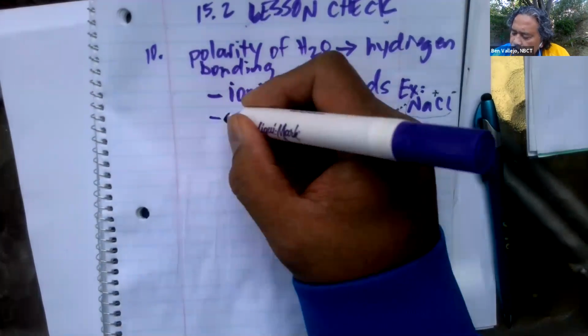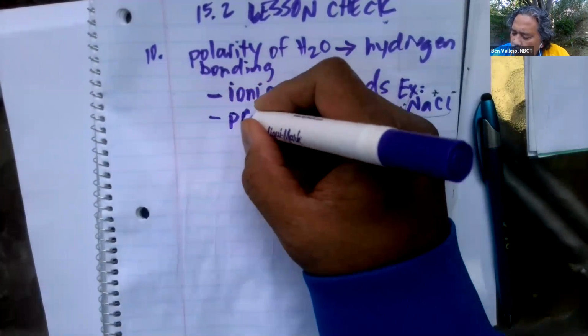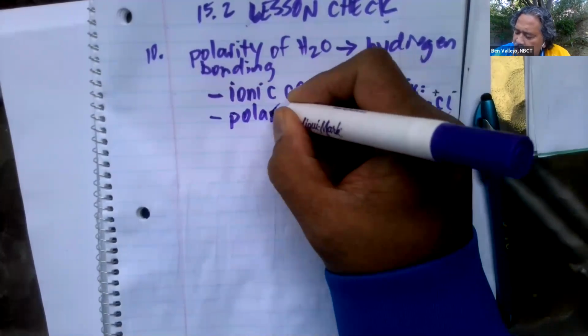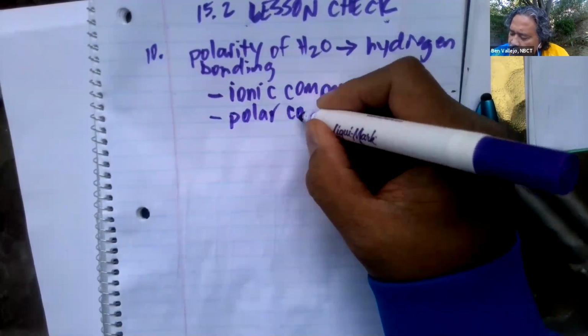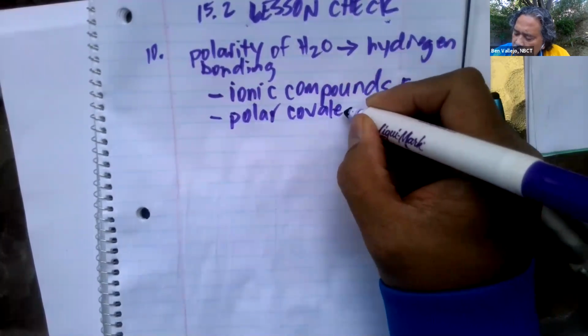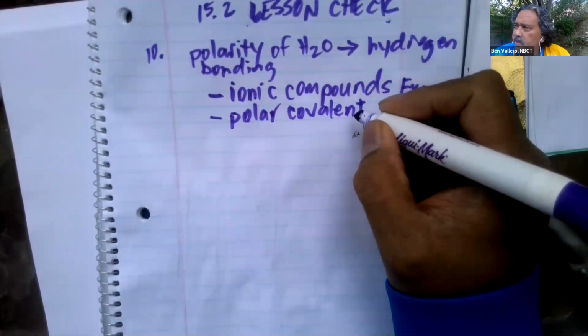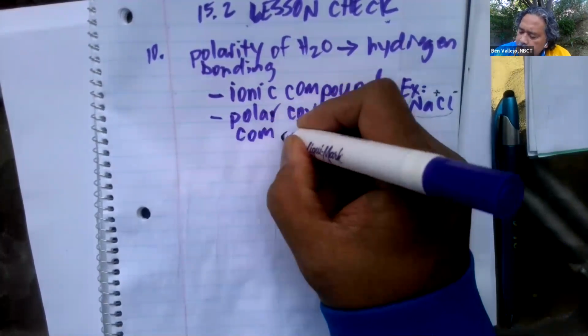But also, we see that there are molecules like water that are covalently bonded, not ionic, but covalently bonded, but they're polar also. So let's say polar covalent compounds.